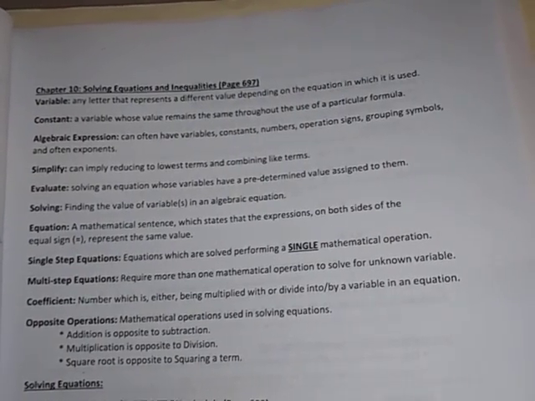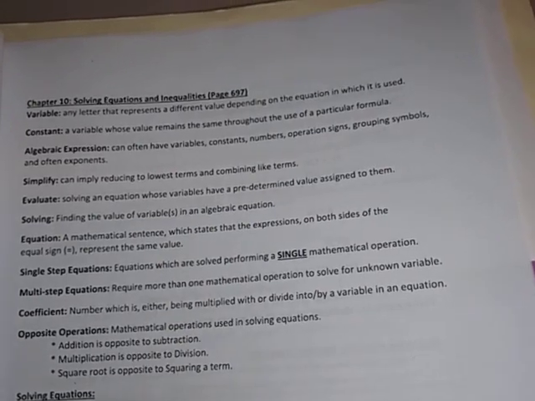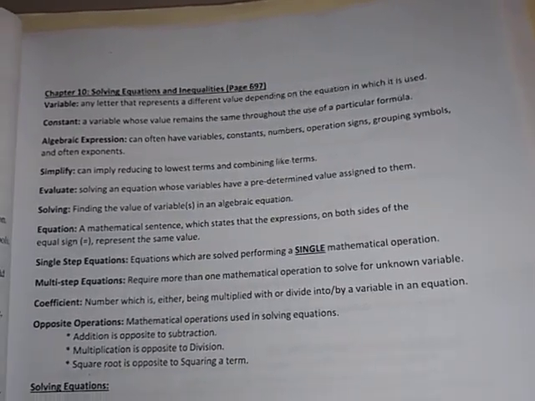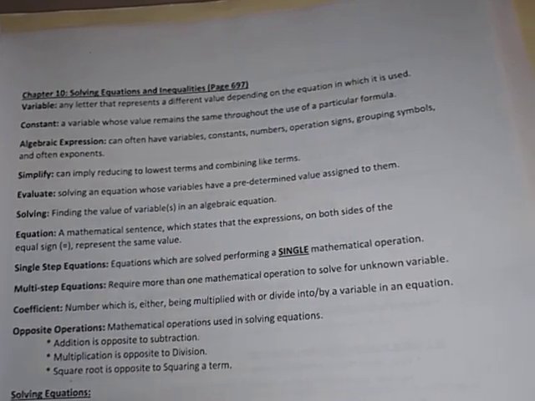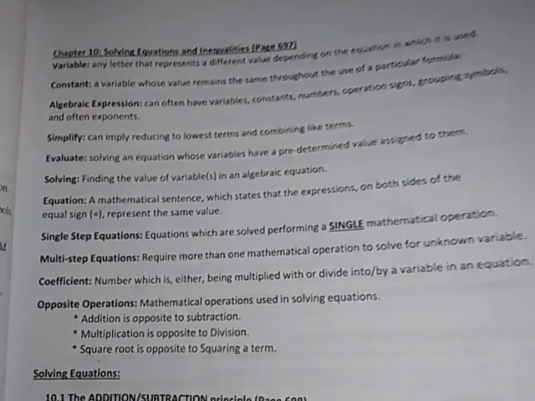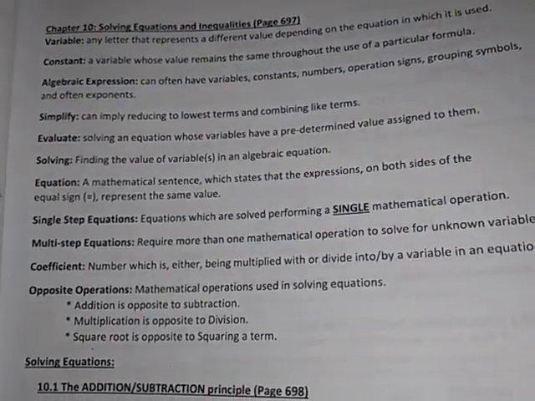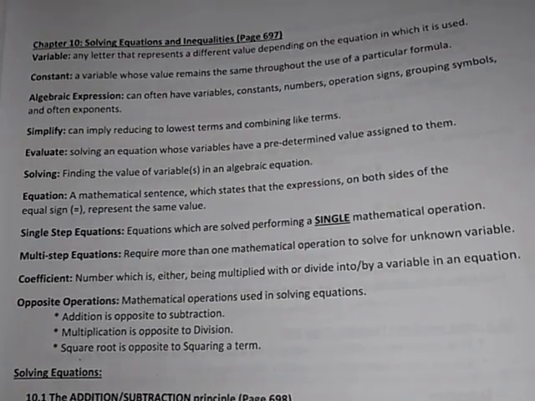A multi-step equation is that which requires more than one mathematical operation to solve for the unknown variable. A coefficient is the number which is either being multiplied with or divided into or by a variable in an equation. And opposite operations are mathematical operations which are used in solving equations.